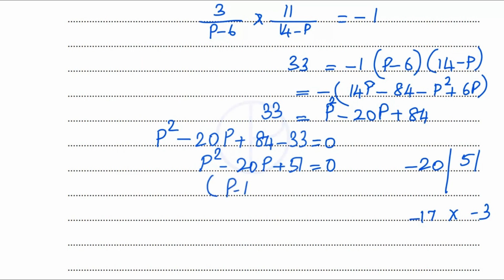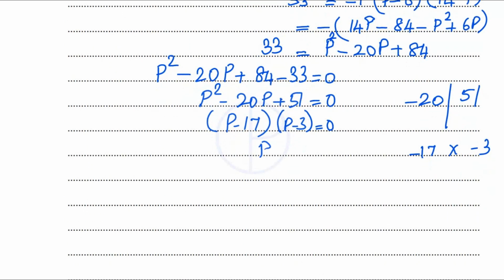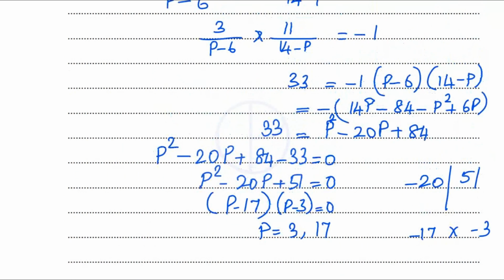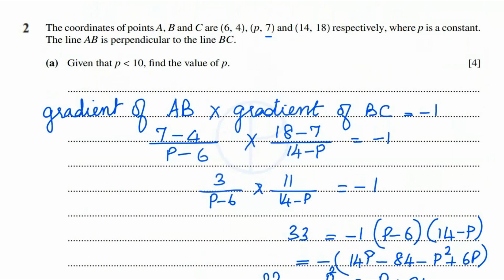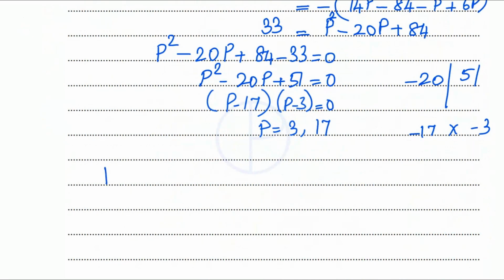So P minus 17 multiplied by P minus 3 equal to 0. So P is equal to 3, 17. Okay. So it's given that P is less than 10. So P is equal to 3.